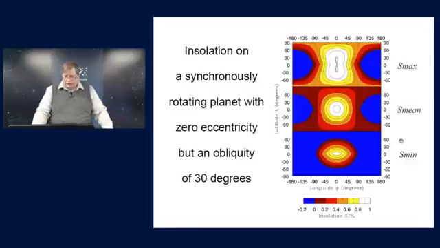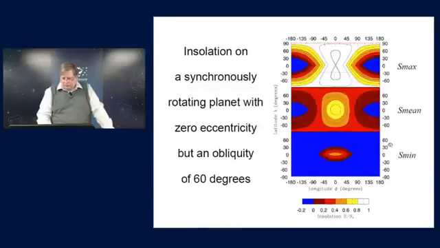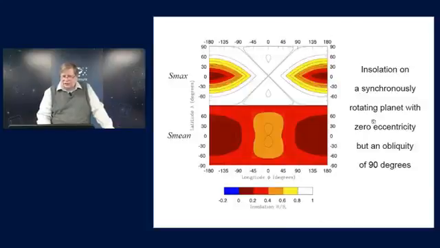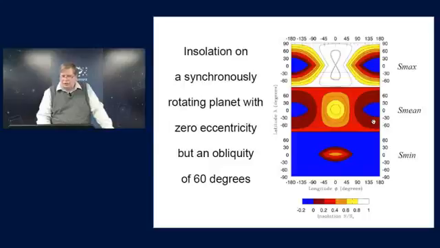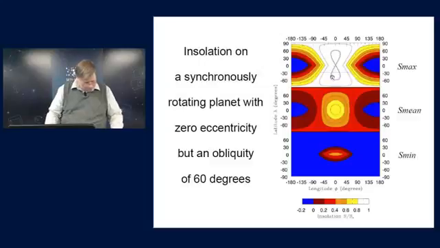If we go to 60 degrees, that region of permanent daylight shrinks, and likewise the regions of permanent nighttime shrink as this figure-8 track of the subsolar point broadens in latitude and longitude too.